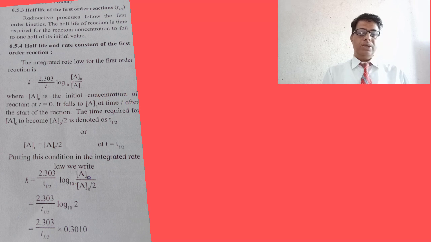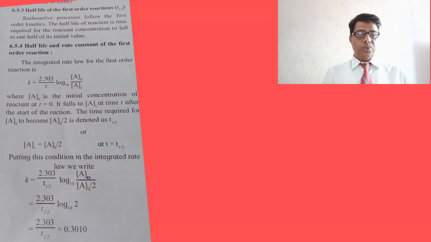So now the half-life and the rate constant of the first order reaction: the particular equation for the half-life of the first order reaction. As previously we saw, the equation for the integrated rate law for the first order reaction, equation number 6.7, is k is equal to 2.303 upon t log to the base 10 A_0 upon A_t, where A_0 is simply the concentration of the reactant at t equal to 0, at the start.